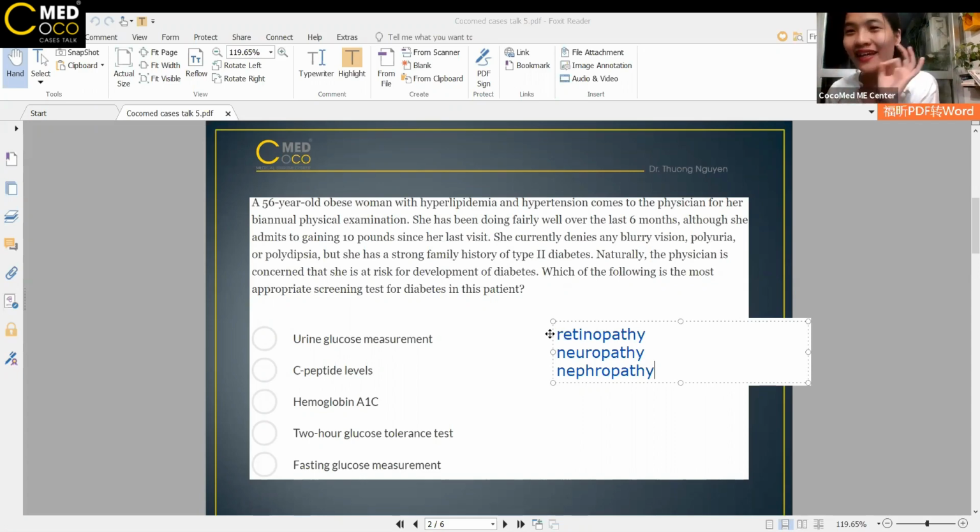But in reality, most of the time doctors recommend the HbA1c because it's convenient for them. They don't want to wait. They don't want the patient to go away, and sometimes they just order the HbA1c test for everyone who goes to the hospital to check for diabetes.